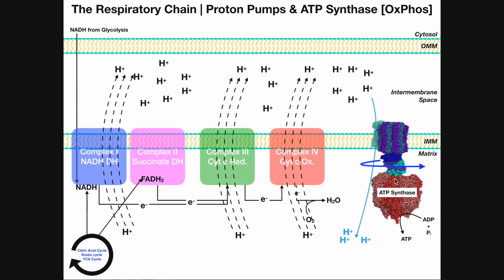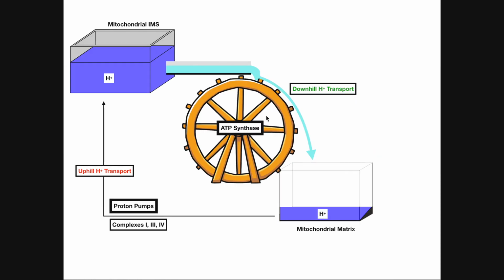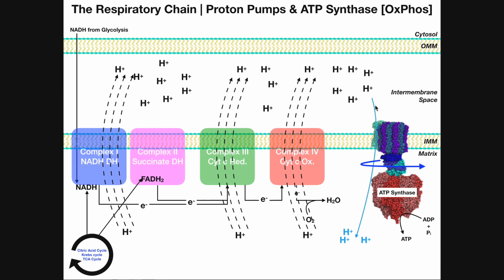ATP synthase is a good example of a molecular motor. So just like this water wheel right here that turns as water is being moved across it, ATP synthase rotates as hydrogen ions move through its channel. Okay? These hydrogen ions are like the water. So as they move through this, it triggers ATP synthase to rotate.